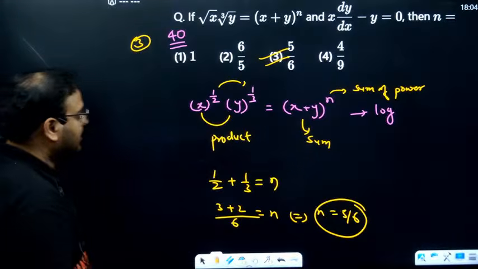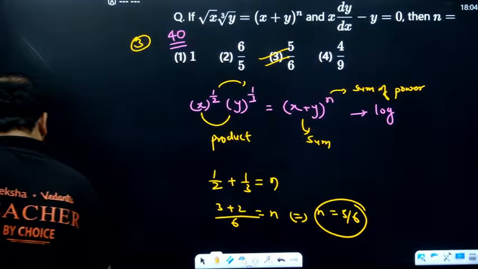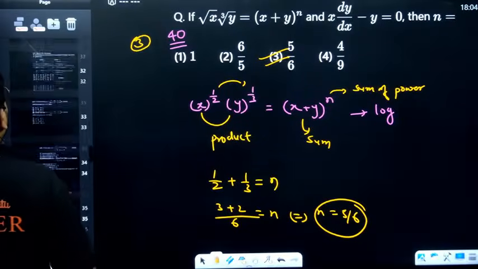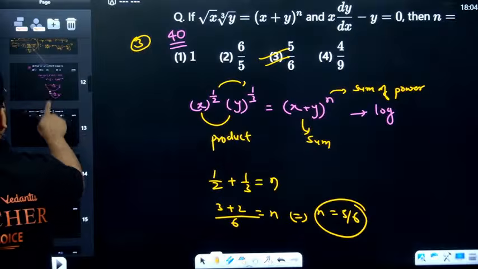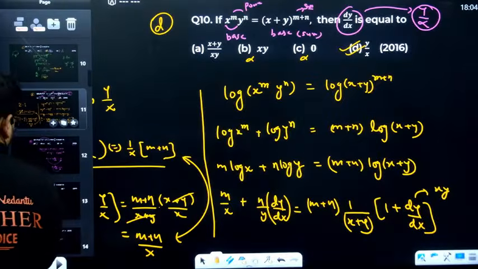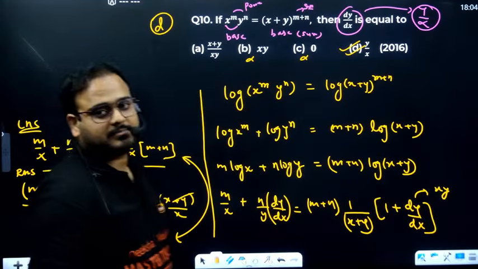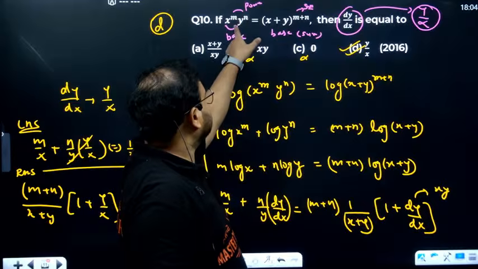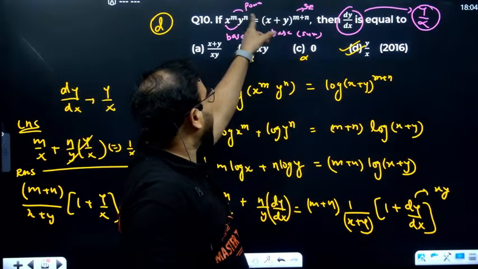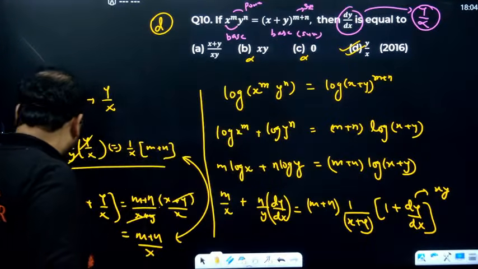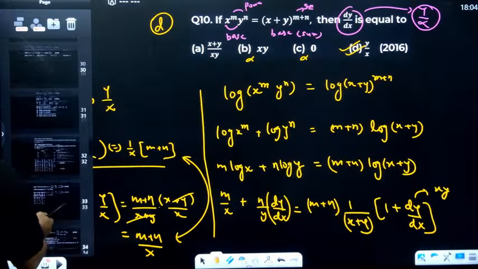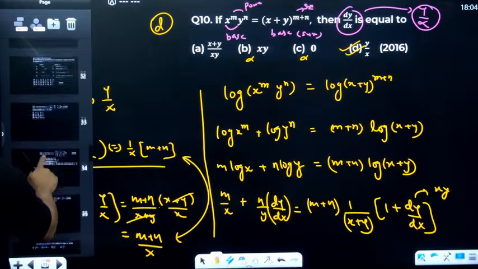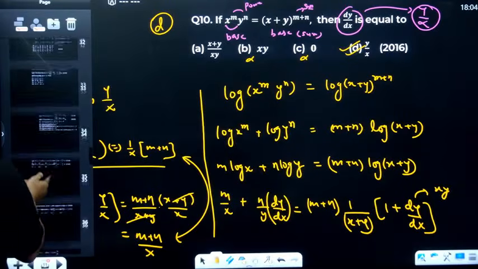So this is this year's paper question. When we were solving that problem, question number 10, I remember the question number also. x to the power xy, the power is added. Go back to the current question. Here it is.